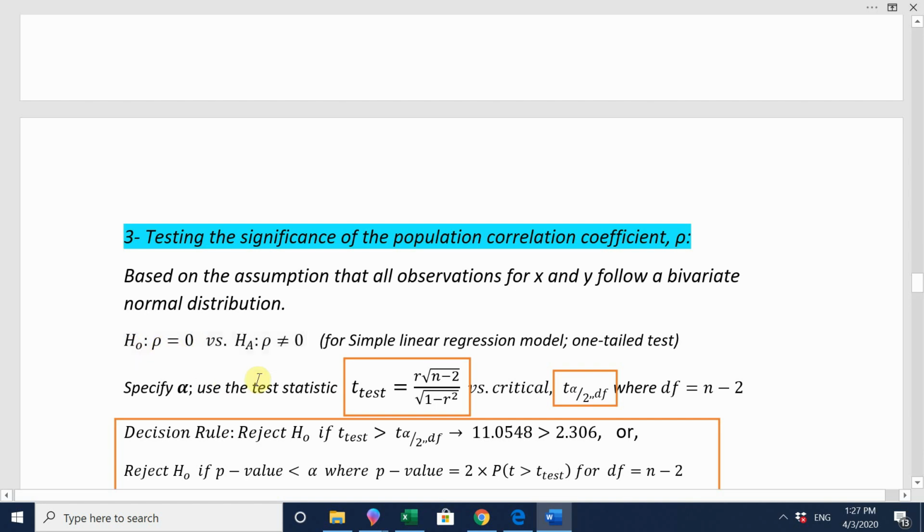Versus in the alternative, we are saying that there is some sort of positive or negative linear relationship between X and Y. Okay? And in this case, it should be a two-tailed test.